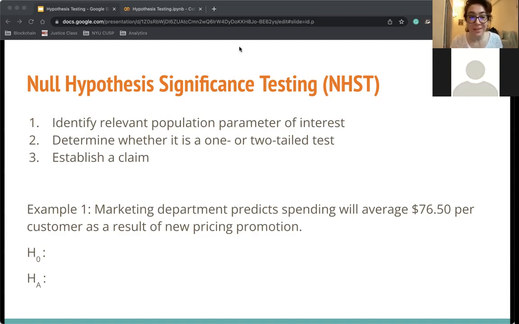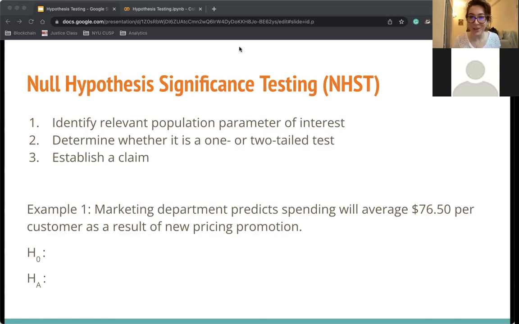So this is the framework we'll use. Let's walk through an example here where you are the head of a marketing department and you're predicting that the average spending will be $76.50 per customer as a result of this new pricing promotion.